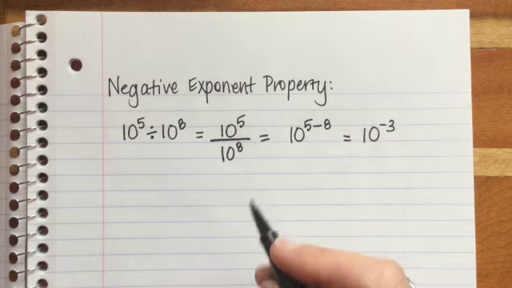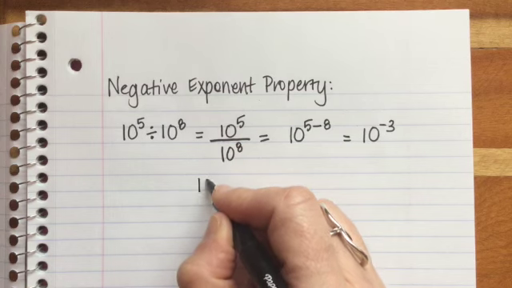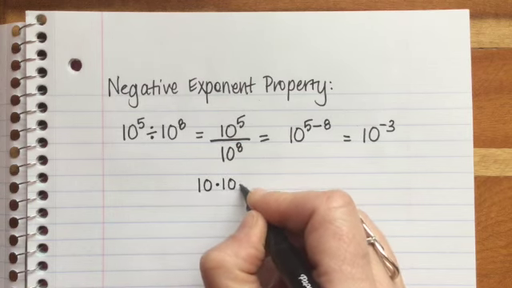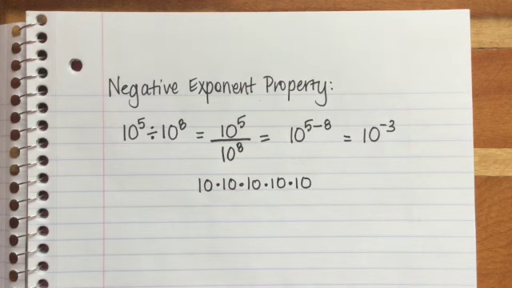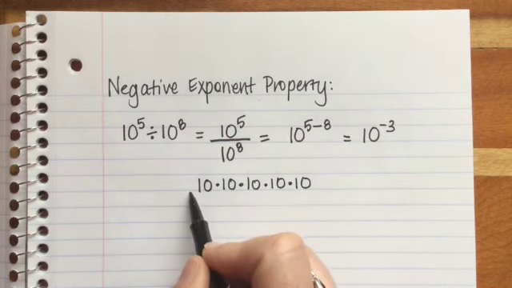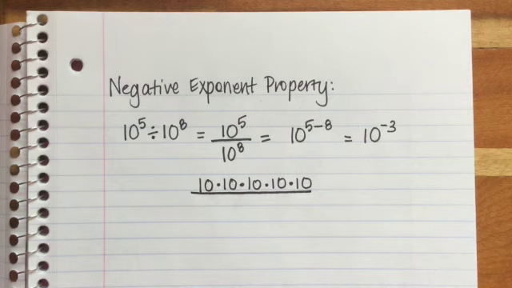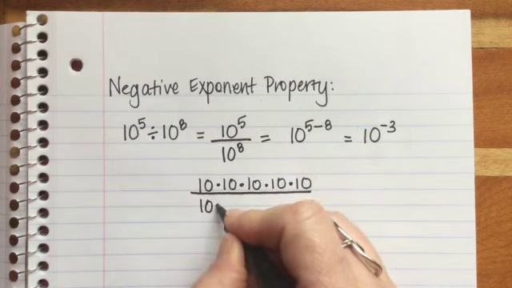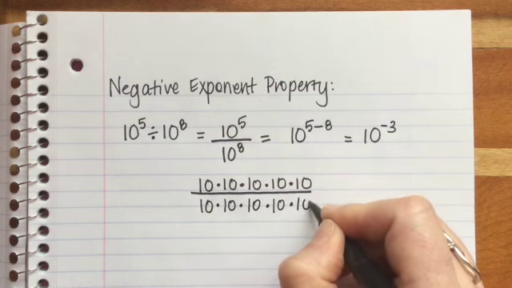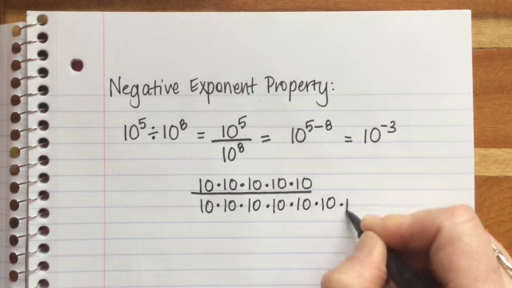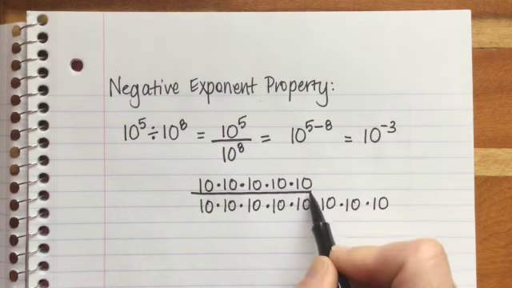If I were to take this and write it out in expanded form, that means I have 5 of these 10s in my numerator. In my denominator, I have 8 of them. 1, 2, 3, 4, 5, 6, 7, 8 of them.